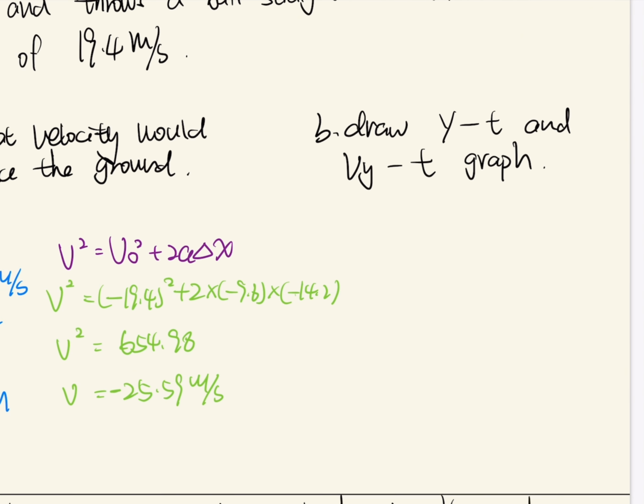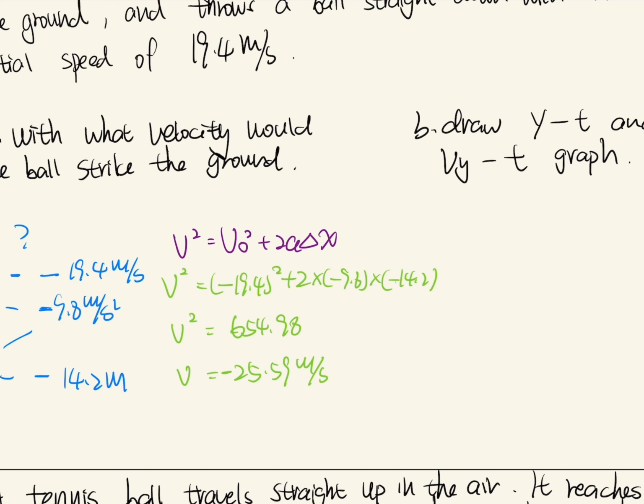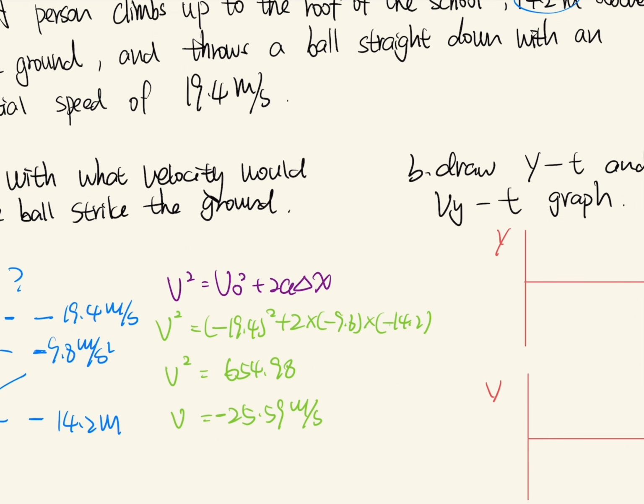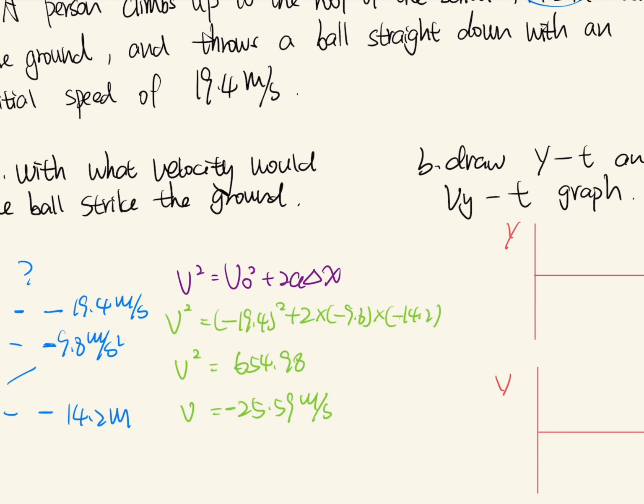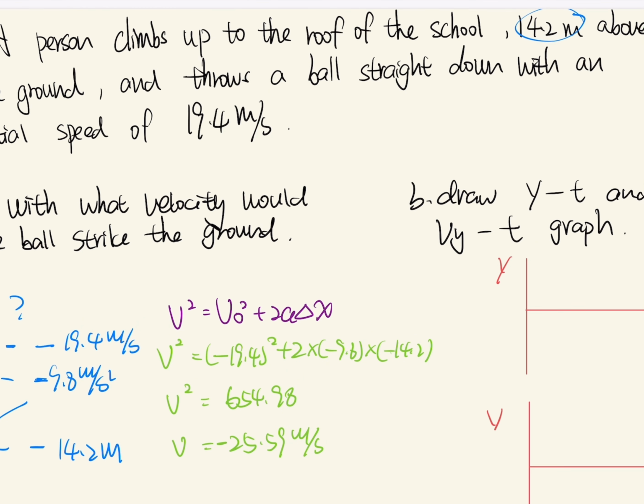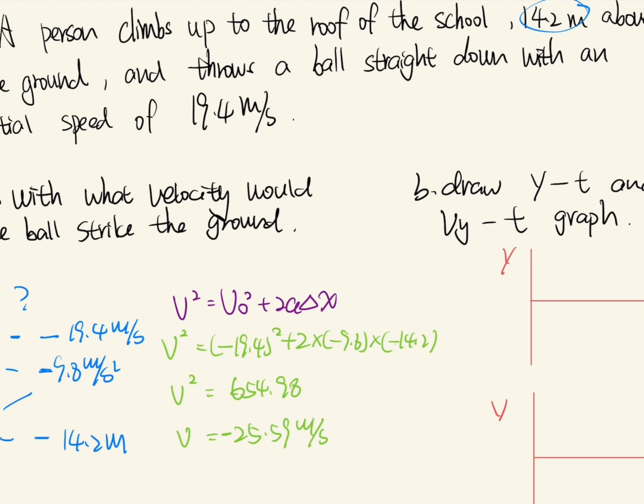And the second part of the question tells us to draw a YT graph and a VT graph. We can start with a YT graph. So for the YT graph, we know it starts from a place that's above the ground, so it's going to be positive, right?